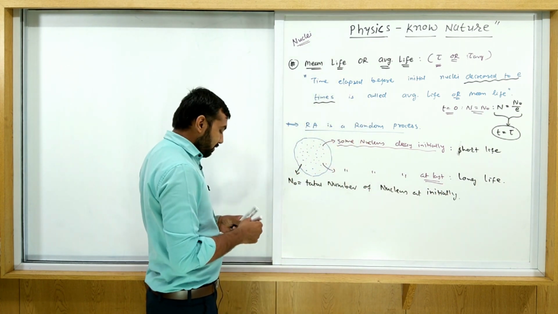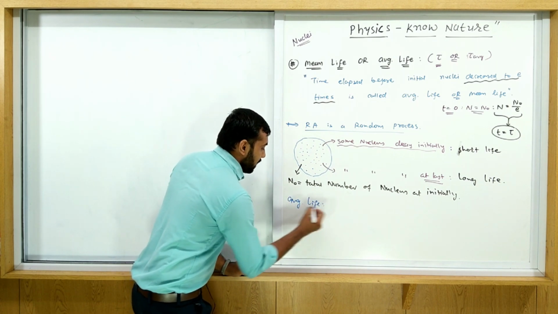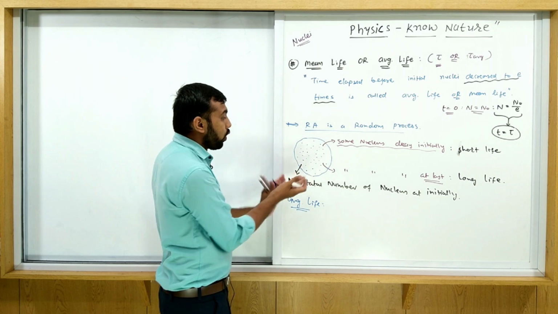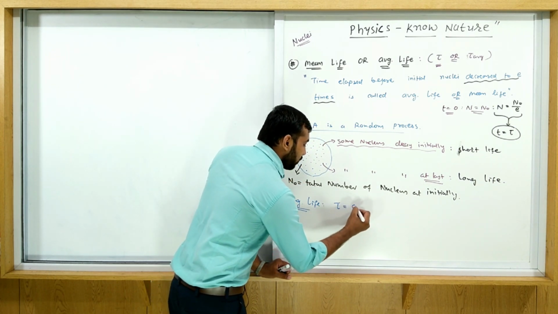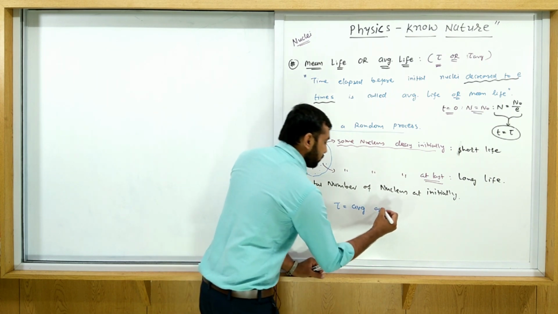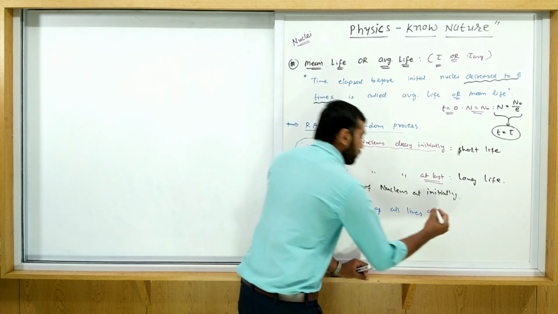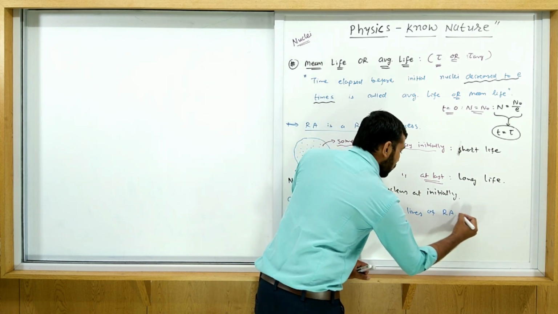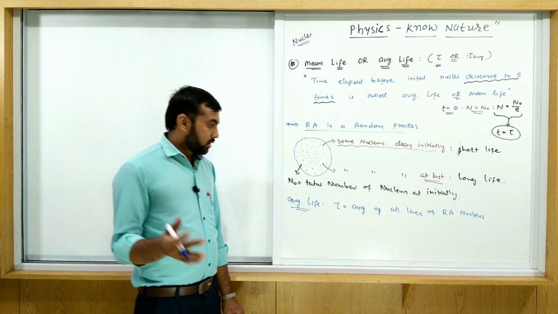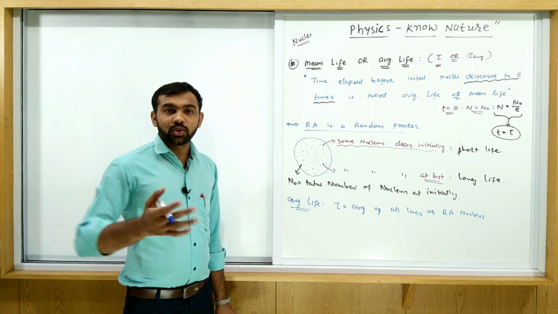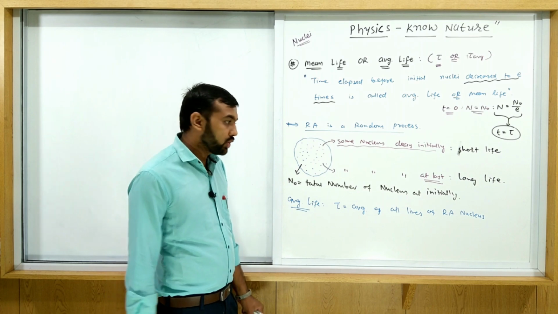Then average life is given like this: tau is equal to the average of all lives of radioactive nuclei. Like the percentage you get is the average of your marks, similarly this is the average of all lives of the radioactive substance.